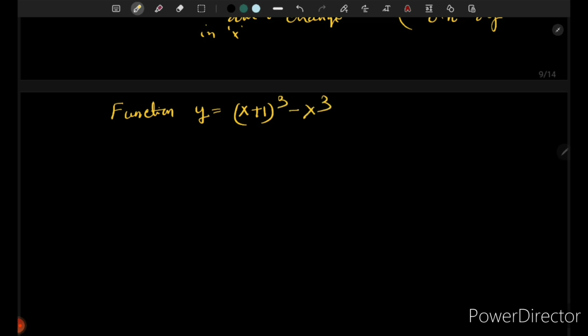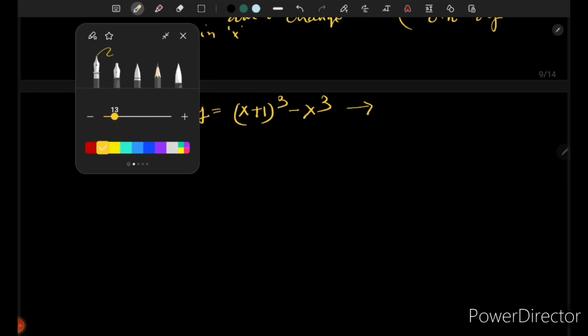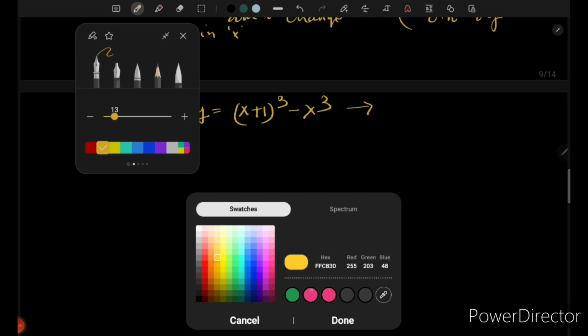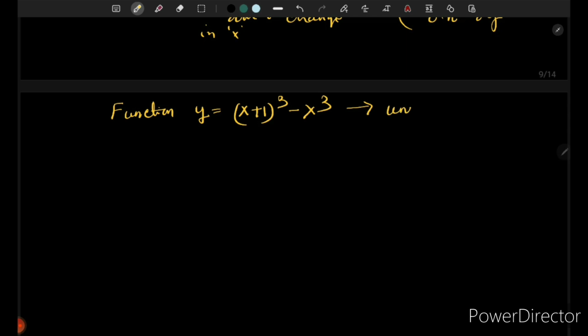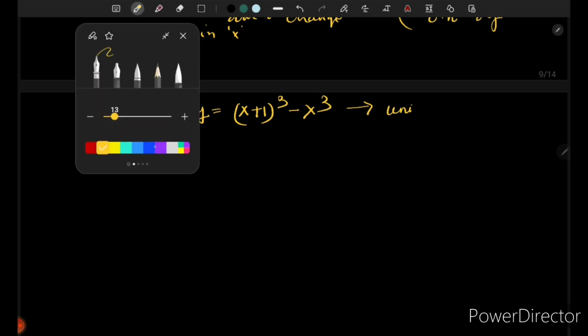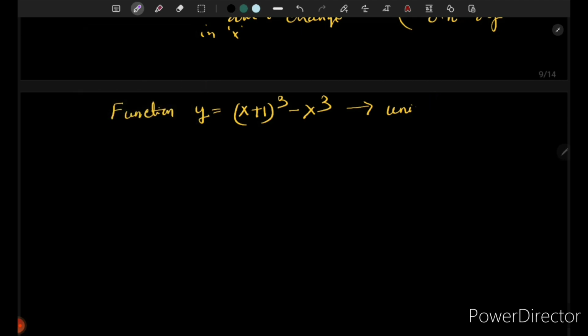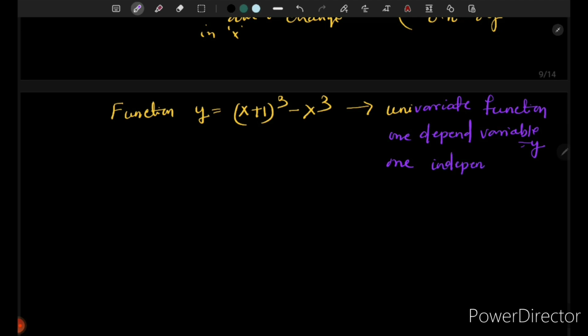Okay, so this is a kind of univariate function, because we have one dependent variable, that is equals to y, and one independent variable, that is equals to x.